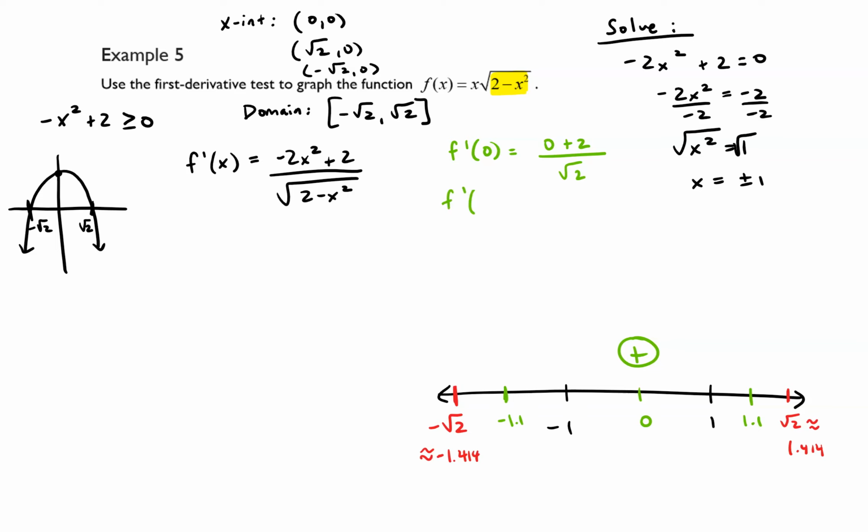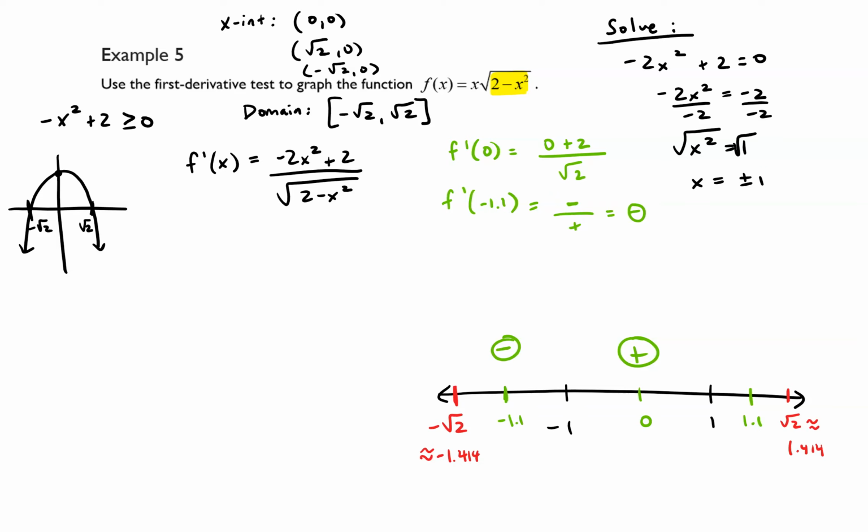And then let's do f prime of -1.1. That is going to be -1.1 squared would be positive, so it'd be -2 times something that's a little bit more than 1. So our numerator is going to be negative, and then our denominator is going to be positive, so that's going to make the whole fraction a negative.